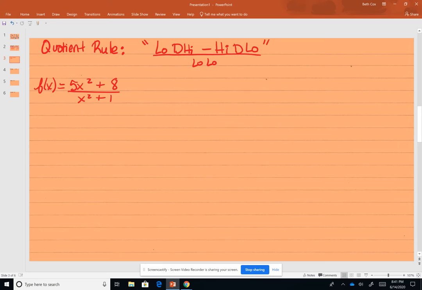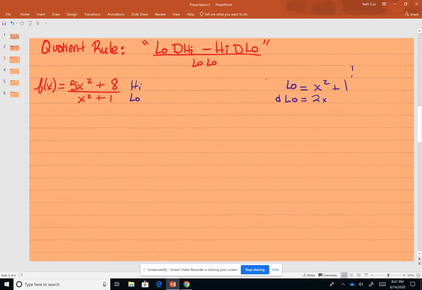So basically, the low is your denominator, and your high is your numerator. If you want to, you can write this out, but I'll just throw it out there. Your low function for this one is x squared plus 1. The derivative of the low function, or the denominator, is 2x.